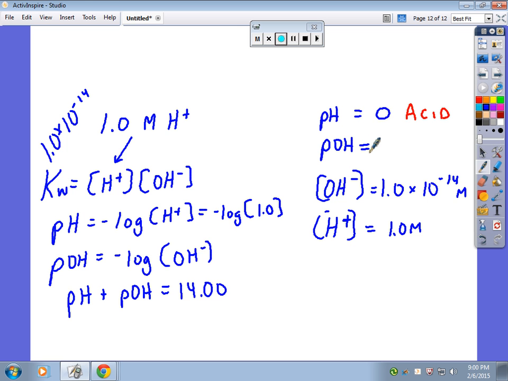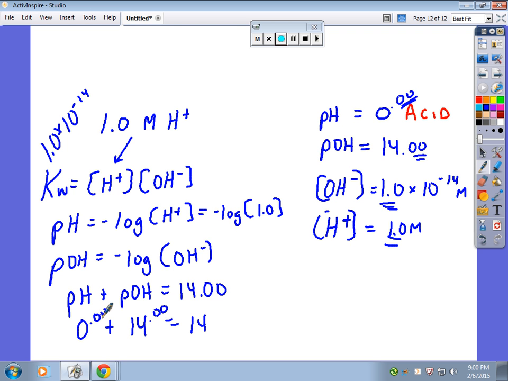So what can you tell me your pOH is right away? It's 14, isn't it? 14.0. And by the way, this should be 0.00 because of two significant figures after the decimal. So why, if I have a pH of 0, do I have a pOH of 14? Because 0 plus 14 equals 14, right? Get that?